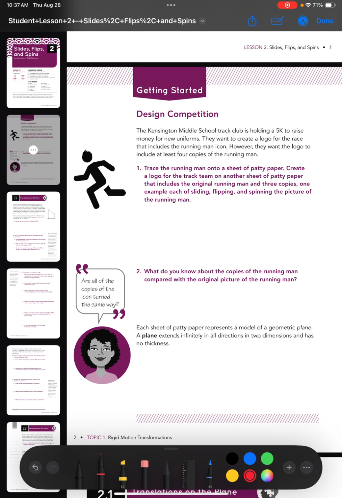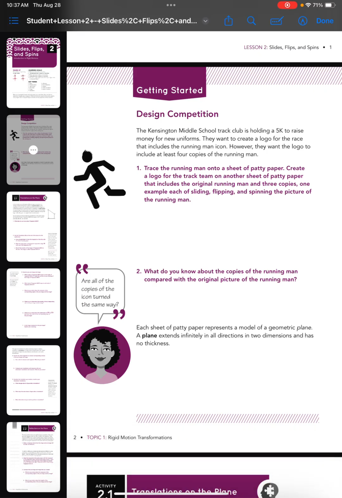So after you trace it, you can manipulate that, spin it, slide it to get different looks at it. Just to give you the best picture of what you'll be looking at, I took some screenshots of this. So here was our original image. Now my images, because of screenshot adjustment, might change size a little bit. We're not looking at changing size.